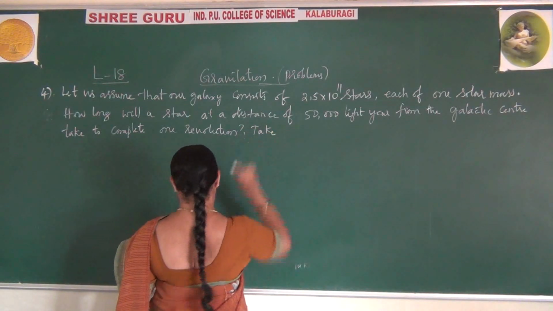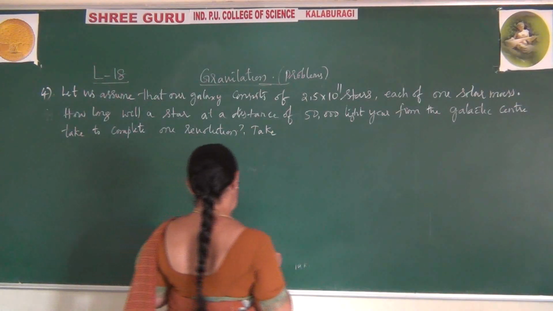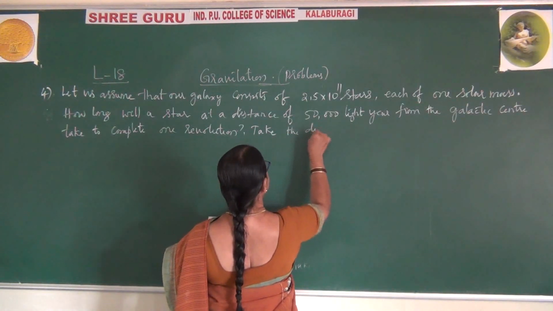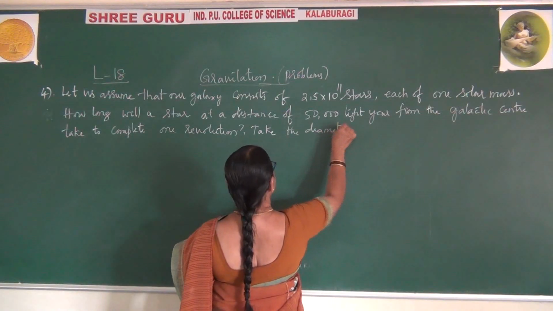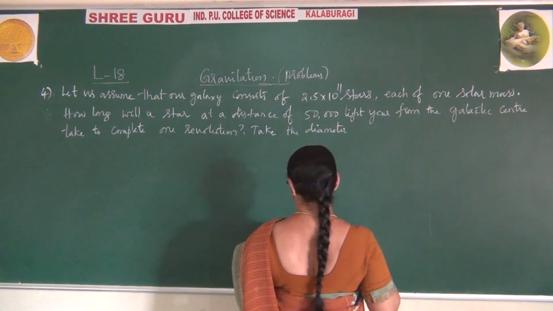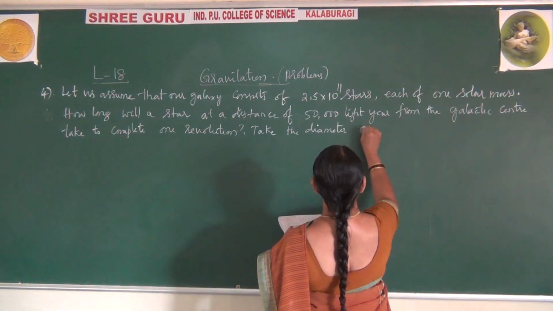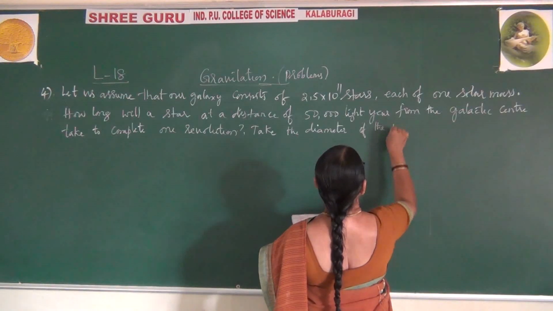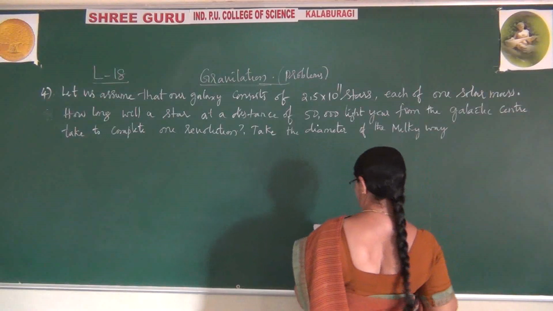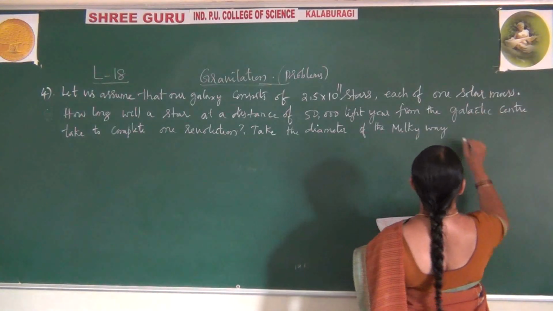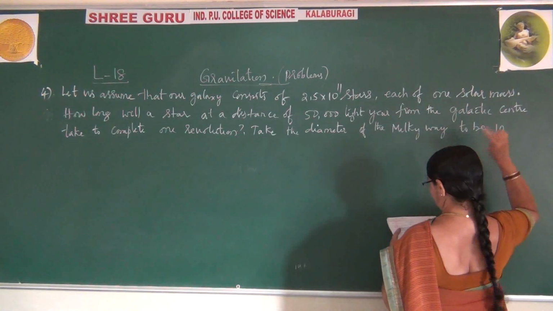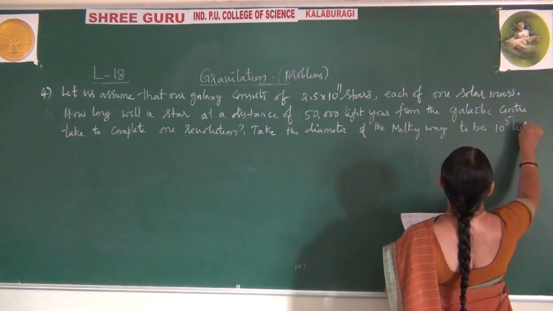Take the diameter of the Milky Way to be 10 raised to 5 light year.